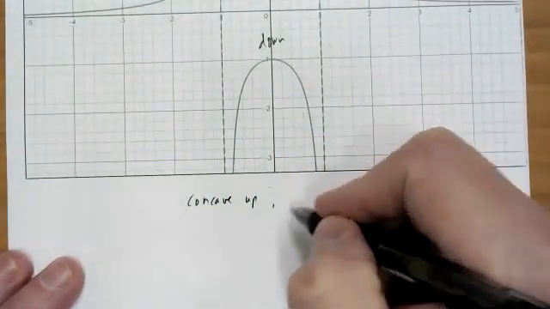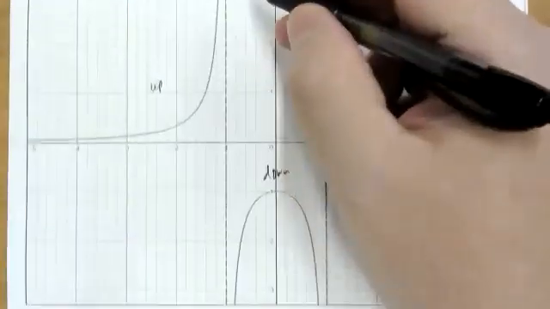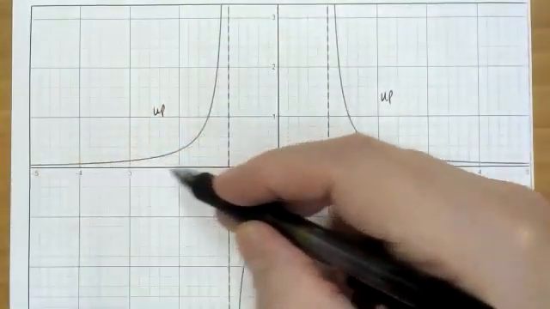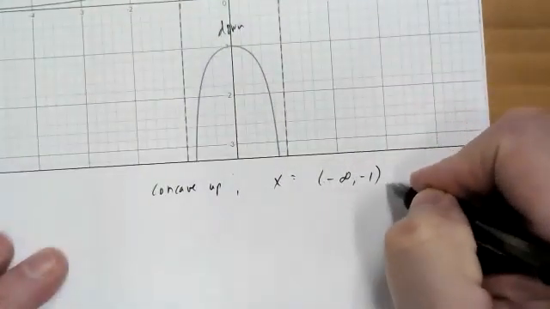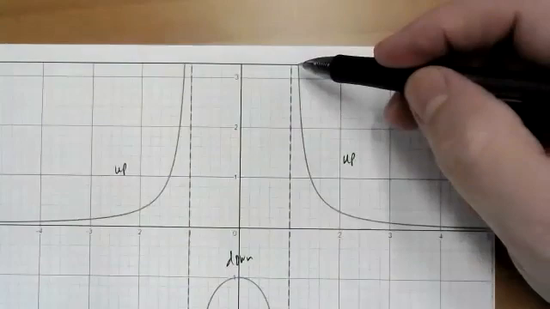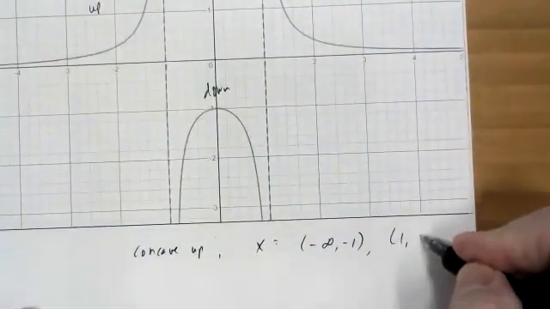You could say concave up is this part of it, which is x from negative infinity to negative 1. And also this part is concave up, which starts at 1 and goes to infinity.